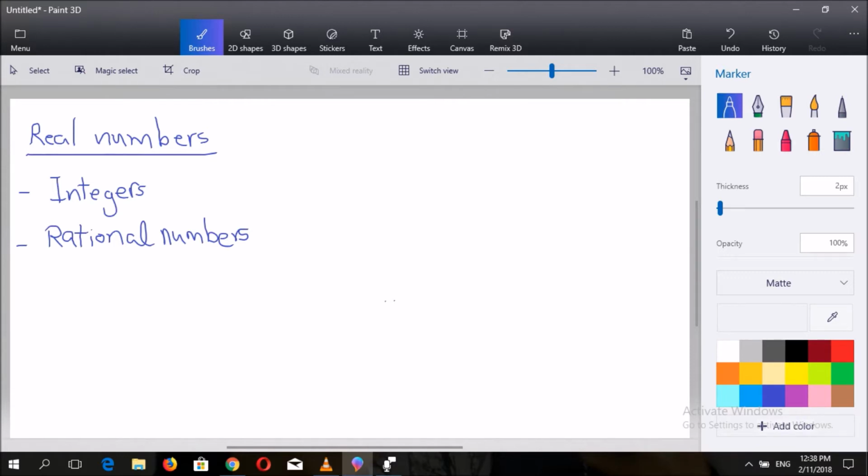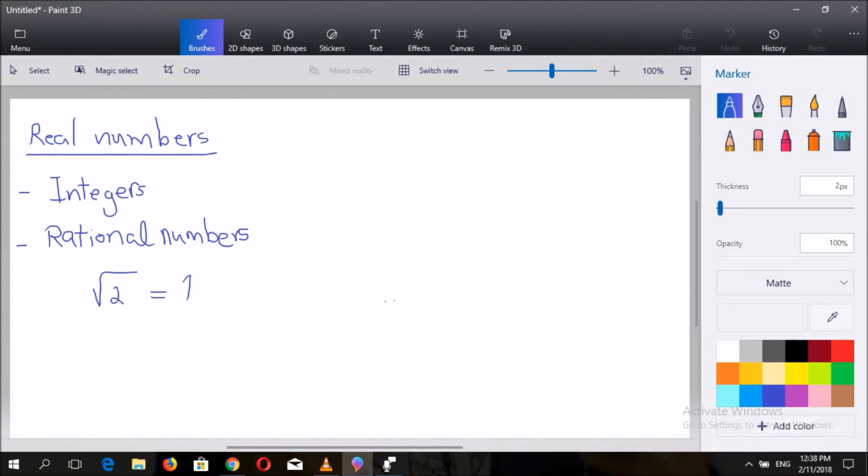So the set of real numbers is actually the set which contains both integers and rational numbers. Both integers and rational numbers are considered to be members of the set of real numbers. Basically, any mathematical number that you can think of is actually a real number.